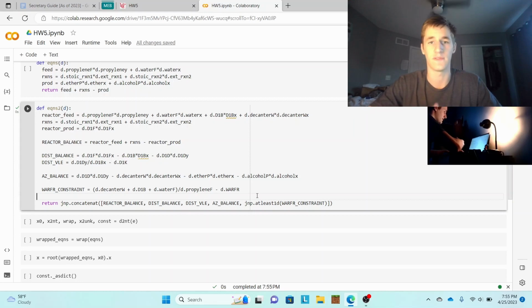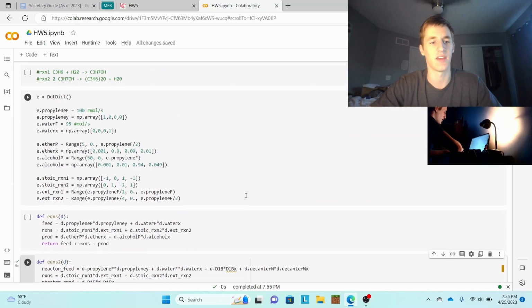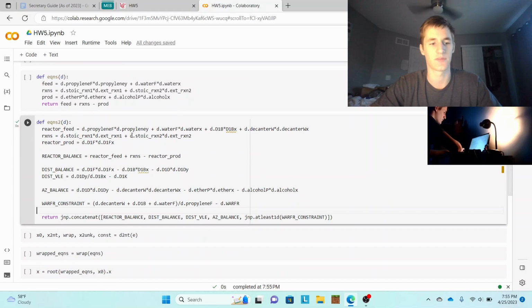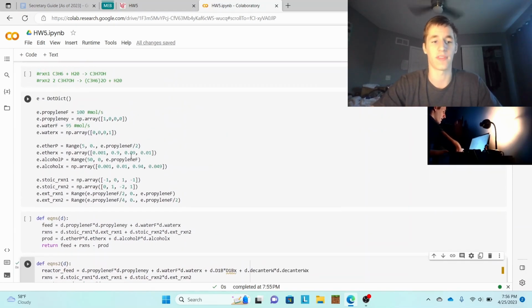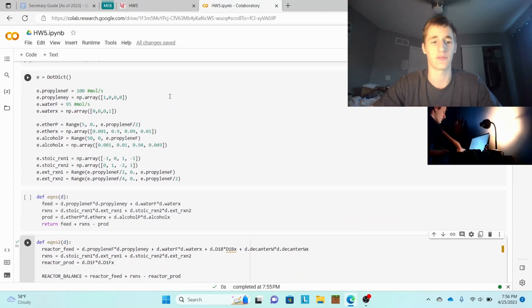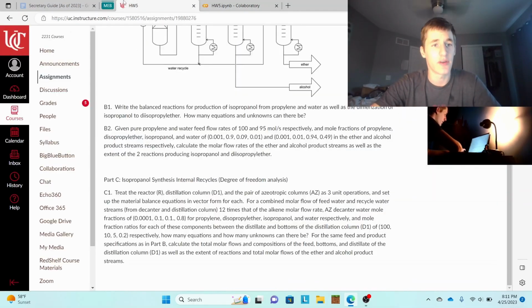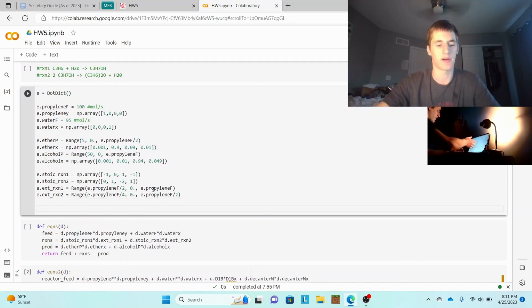And that brings us to a total of 17 equations, which means that we can have 17 unknowns, which I will go ahead and write in now, along with our other known variables that we can measure. All right, so now if we go ahead and look in here, we have the flow feed of water and recycle water is 12 times the alkene flow rate. That's going to be our water to alkene reactor feed ratio. So that equals 12, and I'm going to write that out here.